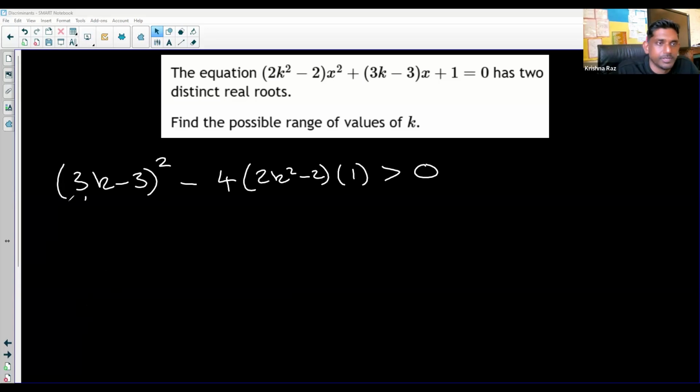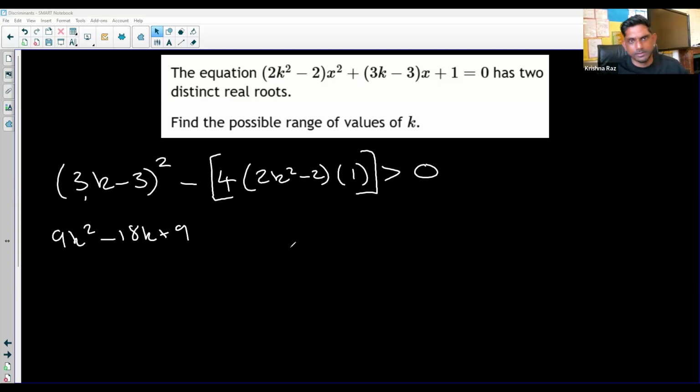That's the only thing to do. So that would be 9k squared minus 9k minus 9k plus 9 minus 4 times that. So minus 8k squared plus 8.